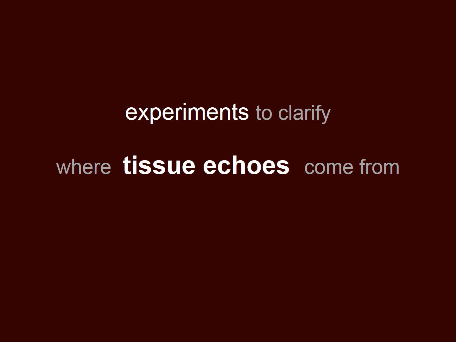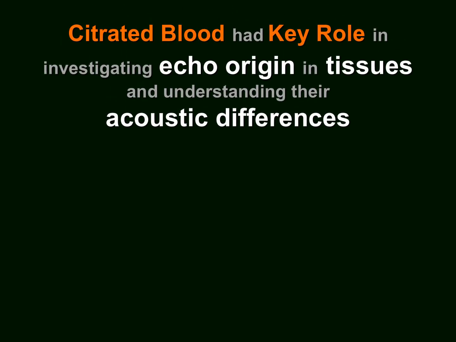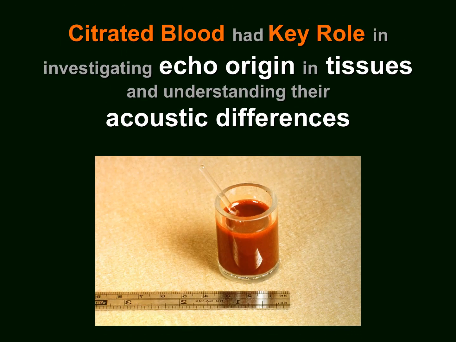And we did several experiments to clarify where tissue echoes come from. And citrated blood played the key role in investigating the echo origin in tissues and understanding the acoustic differences.